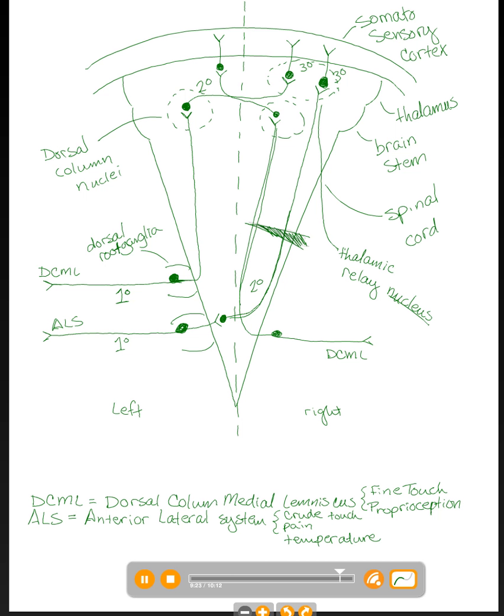I would suggest you become very familiar with each of these pathways, be able to draw it out just like we did here, and then think about certain things that could go wrong. Like if something happened to the spinal cord right here, and this whole area was disrupted, what kind of sensory information would you lose from the opposite side of the body?